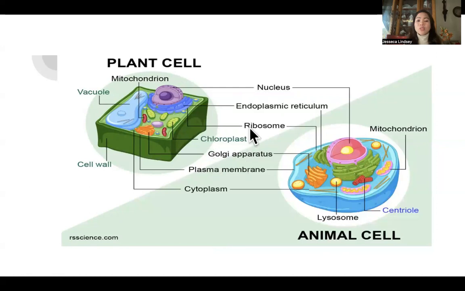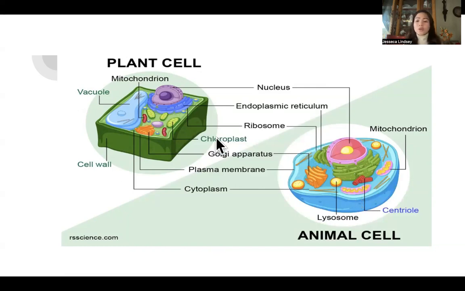The words in different colors signify the organelles that the other cell doesn't have. So for example, the animal cell has centrioles that the plant cell doesn't have. Centrioles hold the chromosomes, the genetic makeup of the cell.